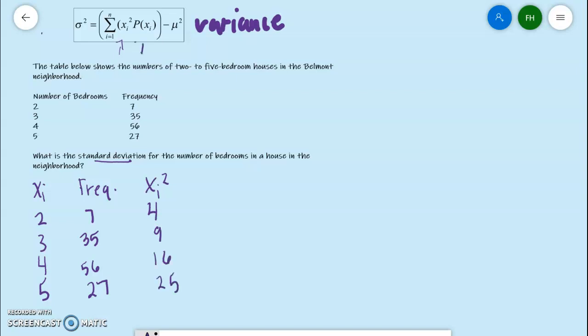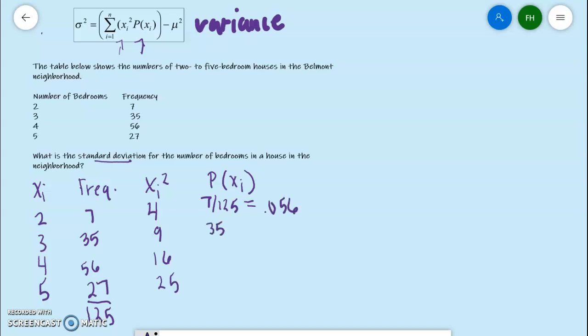And then we're going to multiply x squared times the probability of x. So let's find the probability of x. Remember, the way we do that is we add our frequencies up, and they will add up to 125. So we're going to do 7 divided by 125, which equals 0.056.